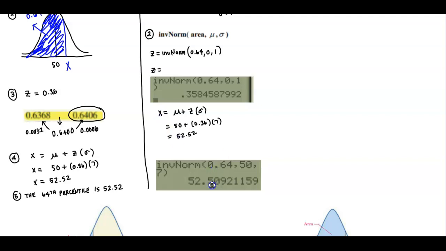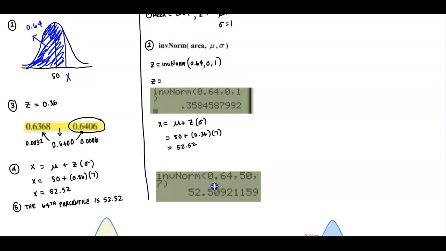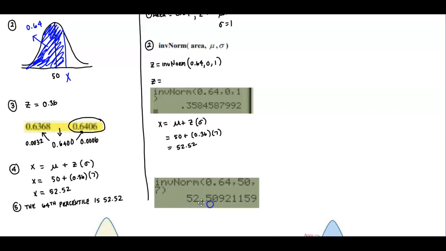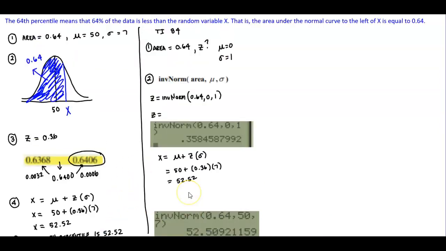Here, it gives you 52.51, so you really need to be careful about just plugging numbers into the calculator, because if you plug this into MyMathLab, it's going to be incorrect. You have to convert it to a z-score and then use the formula.